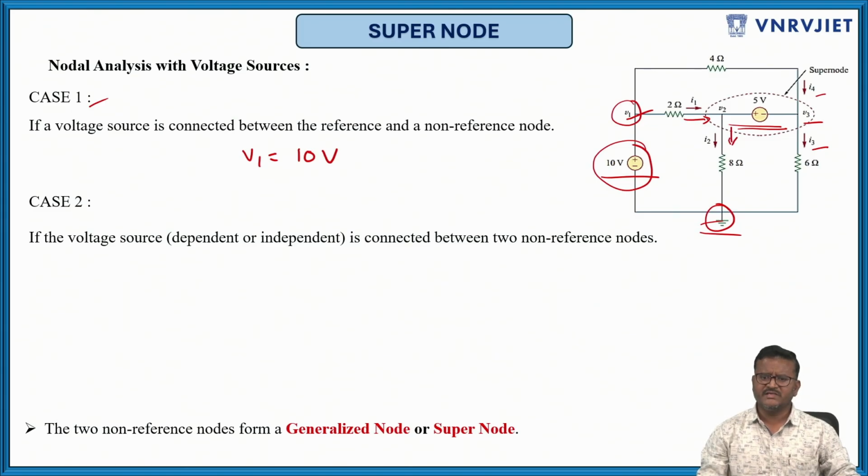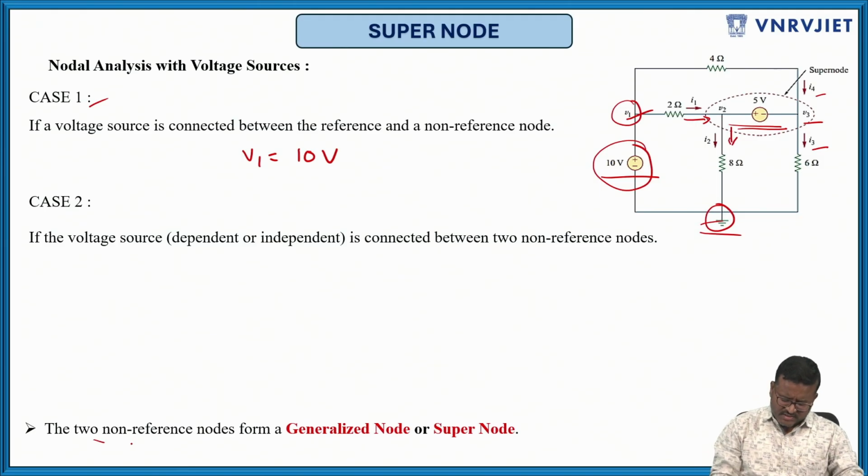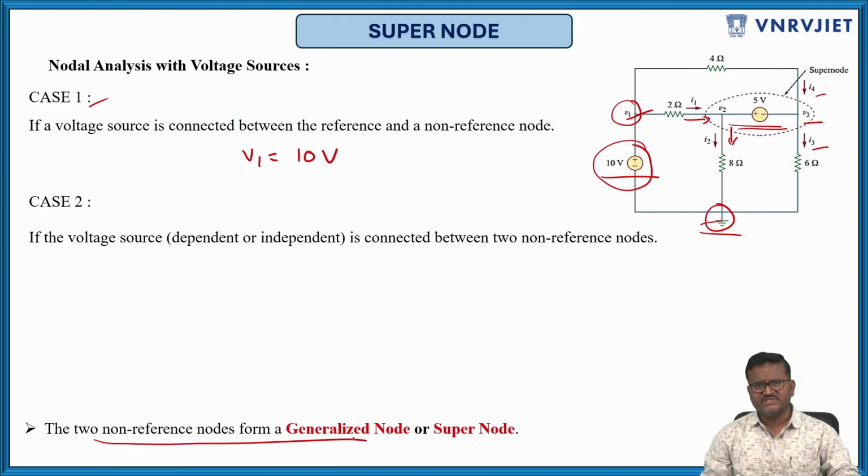So without applying KCL, how will we proceed? That is what supernode analysis is. With supernode analysis, we can determine the unknown node voltages. How, we will see. The two non-reference nodes form a generalized node or supernode.